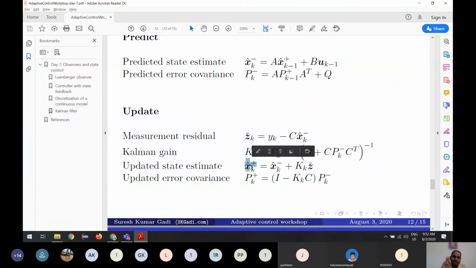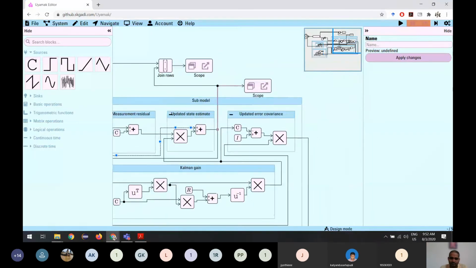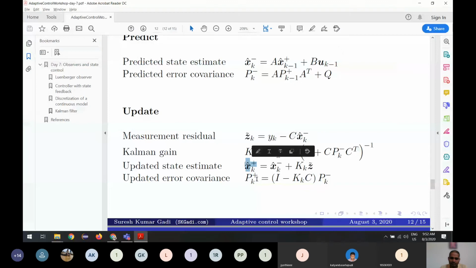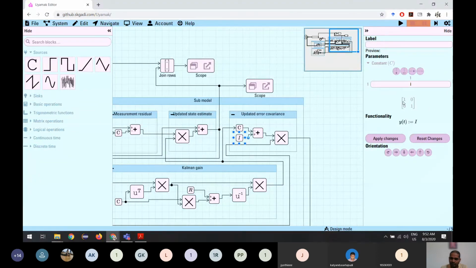We want to estimate the state, so we are getting the state estimate in this block. Okay, so we get this state estimate, and then we have to implement the last block. It says I is the identity matrix minus C times the Kalman gain. In this case our identity matrix should be a 2 by 2 identity matrix.